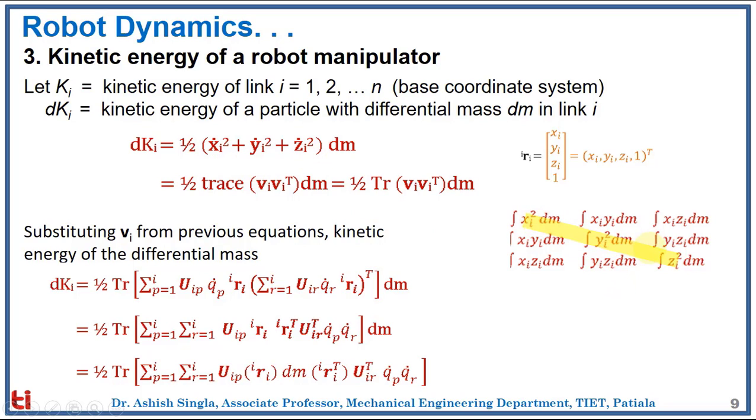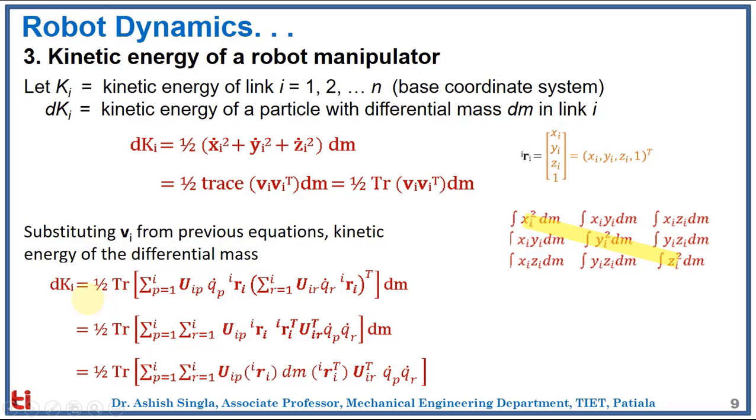The sum of the diagonal elements is nothing but the trace of the matrix, which is equal to half trace of vi times vi transpose dm. If this is r, v will be xi dot, yi dot, zi dot, 0. Sorry, here it is 0, and when we multiply again with xi, yi, zi, we actually get this matrix, and the sum of diagonal elements will give us the value of this term, which is nothing but trace.